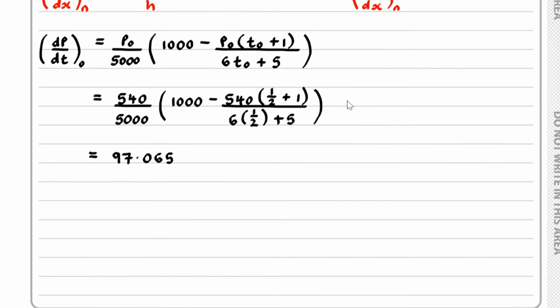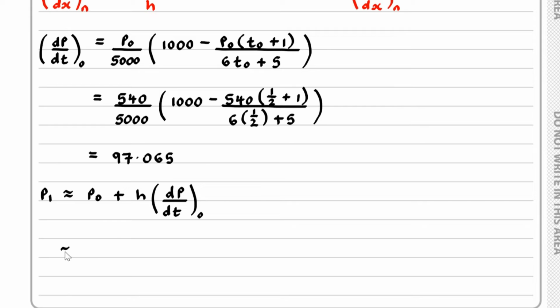So P1 is approximately P0 plus h multiplied by dP/dt_0.